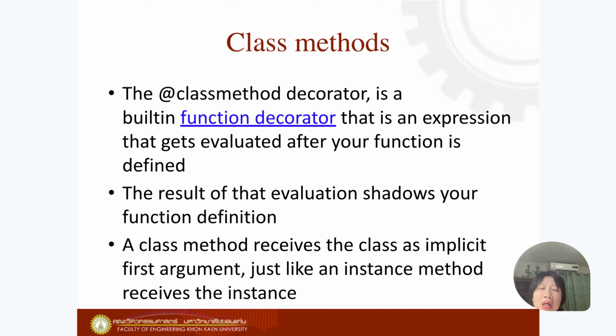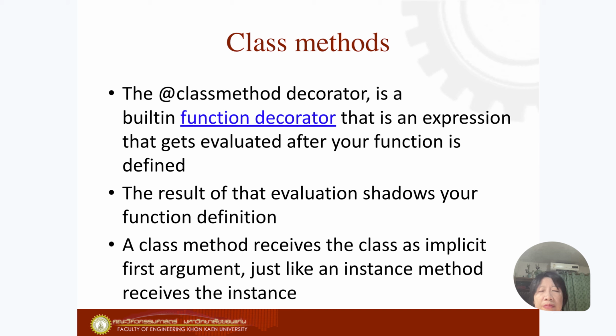Here we also have class method. Previously we have defined method as instance method, but if we want to define it as class method, we're going to have the decorator @classmethod above the method definition. So what's the difference between class method and instance method?